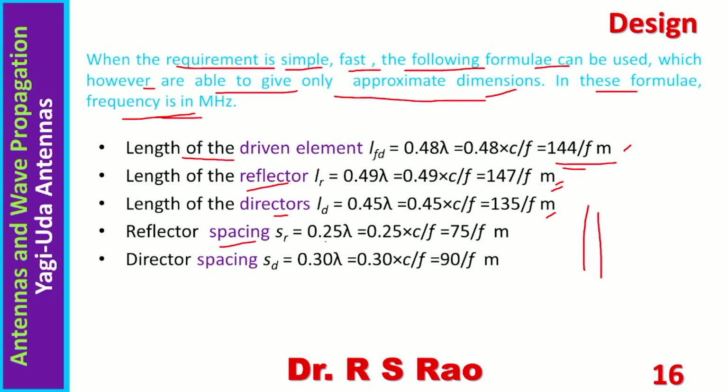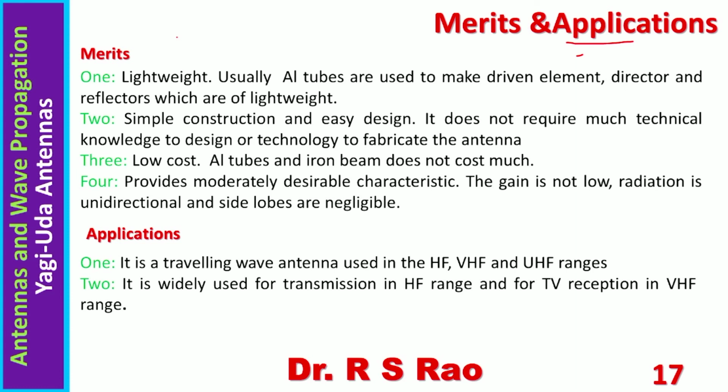Reflector spacing is 0.25 lambda. It is equal to 75 over f meters. Director spacing is 90 over f meters. As already mentioned, these are simple formulas, but they don't give exact dimensions. They are approximate.